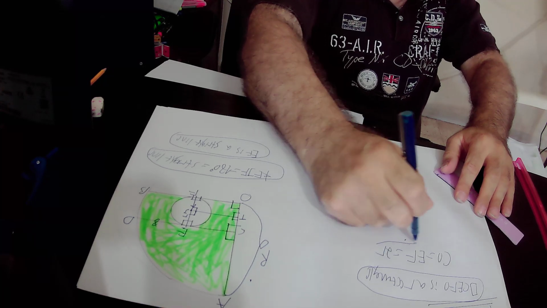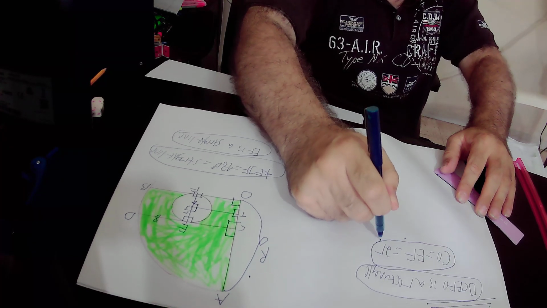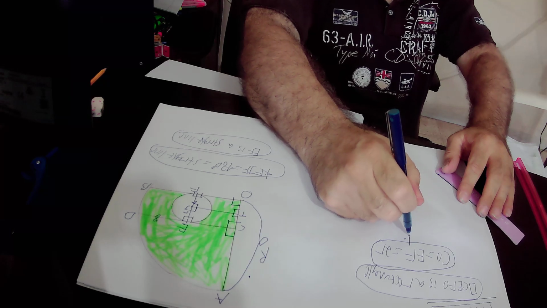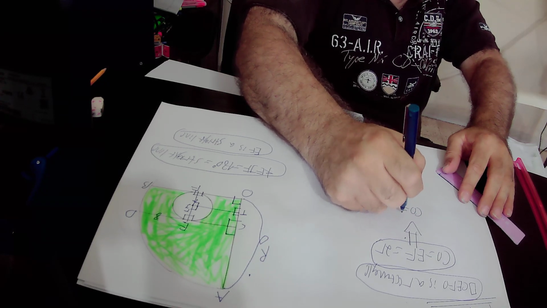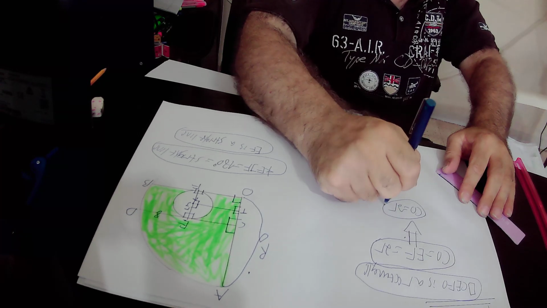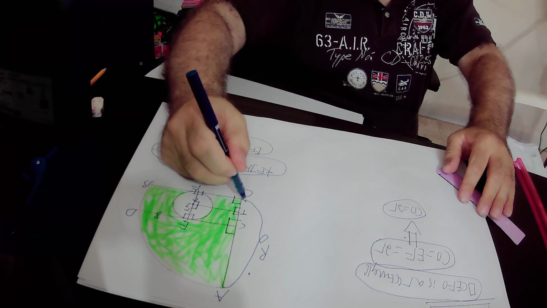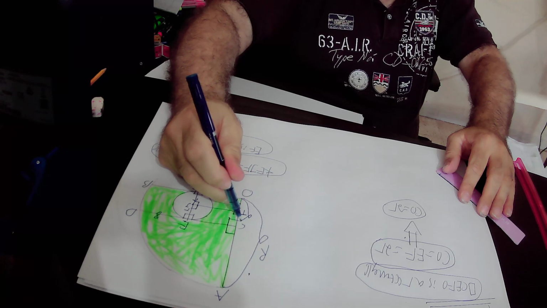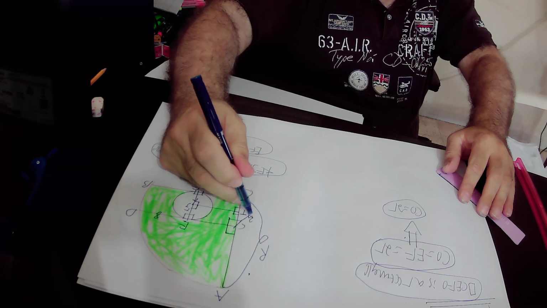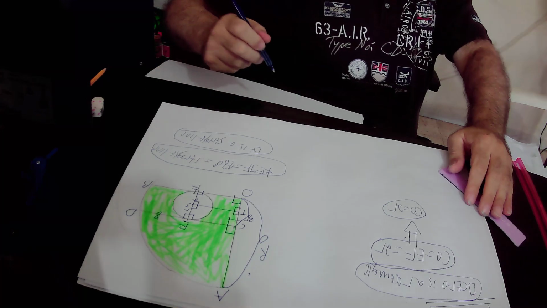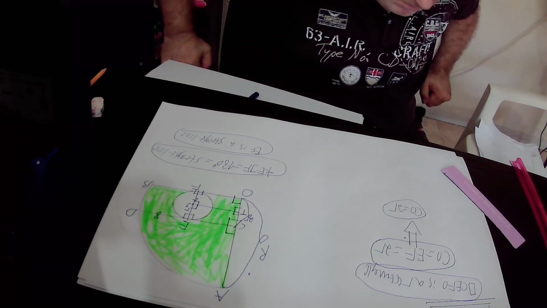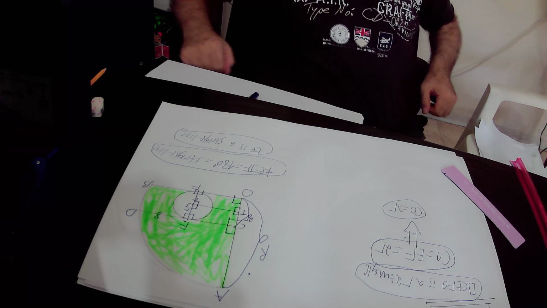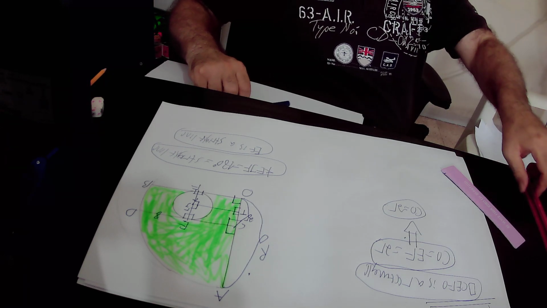And from this equation, CO equals EF equals 2R, we derive that CO equals 2R. Okay, in the next step, we will join points O and D together by a straight line.